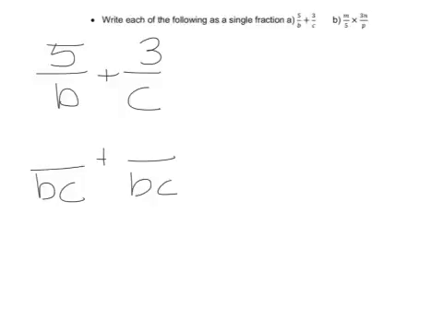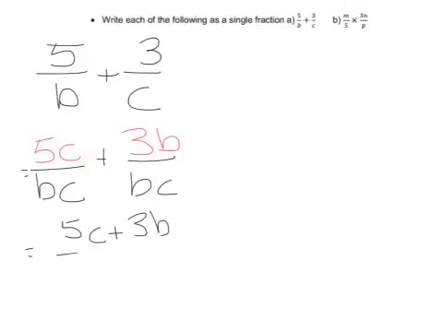Now, how did I go from B to BC? Well, I've multiplied by C, so I'm going to have 5C on the top. How did I go from C to BC? I multiplied by B, so I'm going to have 3B on the top. So then my final answer is 5C plus 3B all over BC.